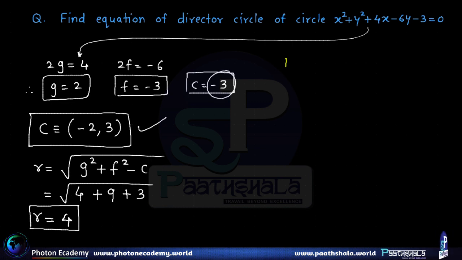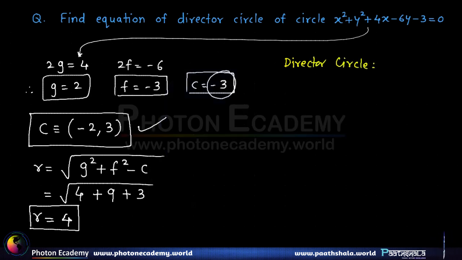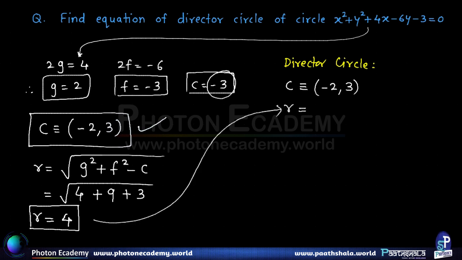So therefore, for the director circle, we know that the center will remain the same, that is minus 2, 3, but the radius will become root 2 times the radius of the given circle, that is 4 root 2.